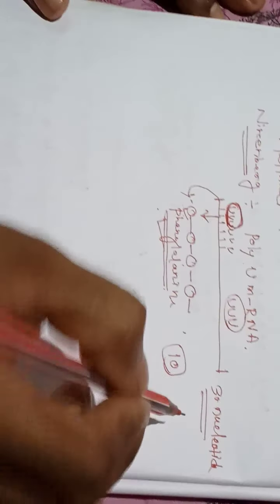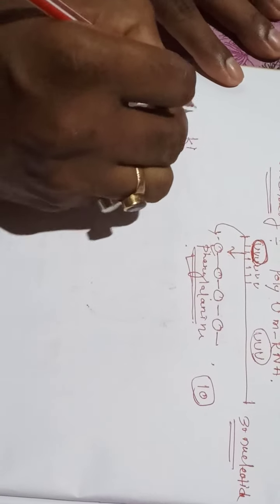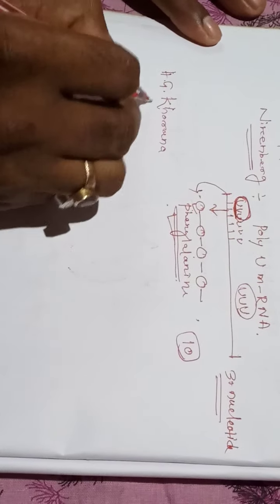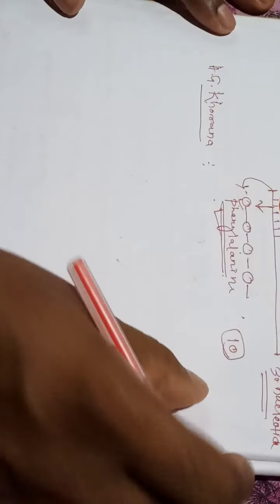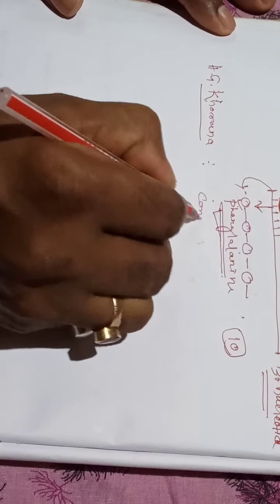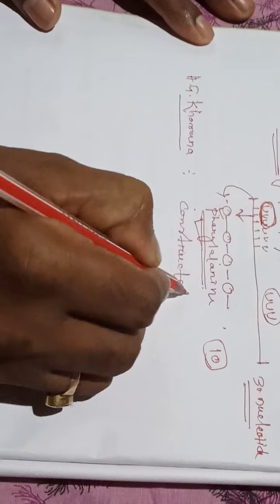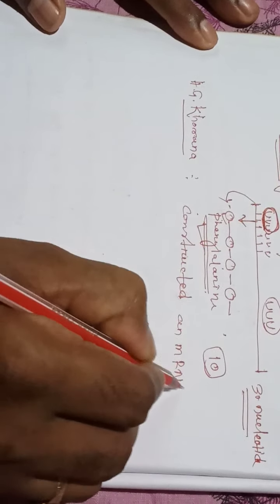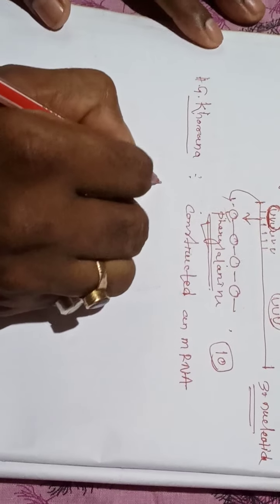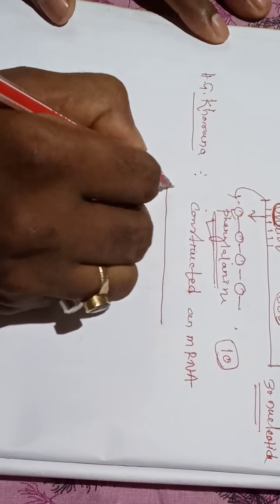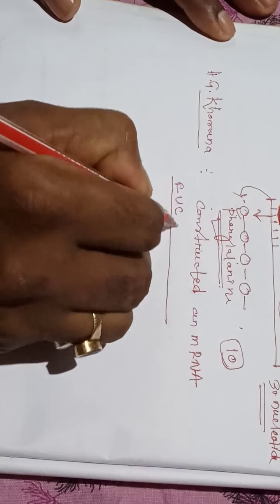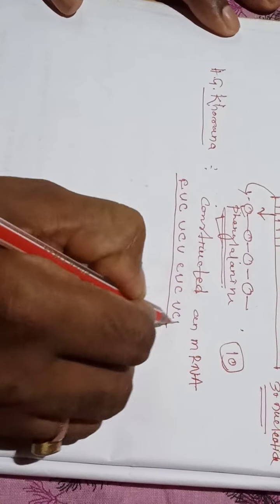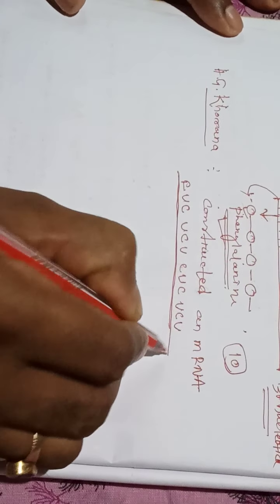So now we'll go to Khorana's work, Dr. Har Gobind Khorana, H.G. Khorana, an Indian-born American scientist. Khorana constructed an mRNA that consists of CUC, UCU, CUC, UCU, a repeating sequence.